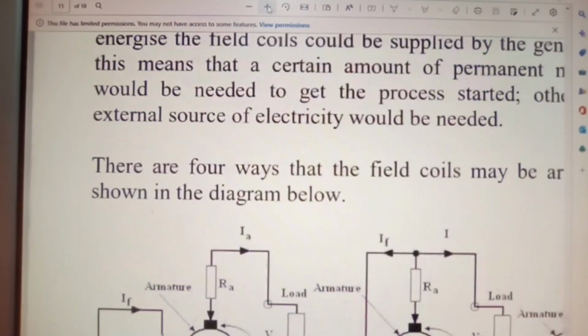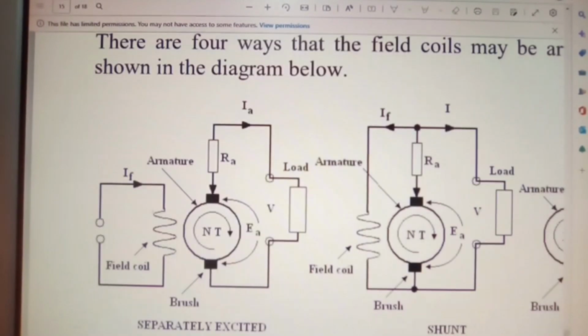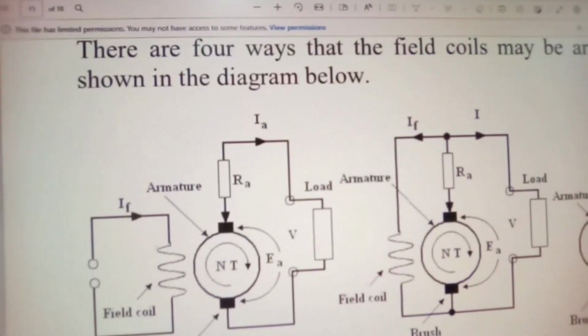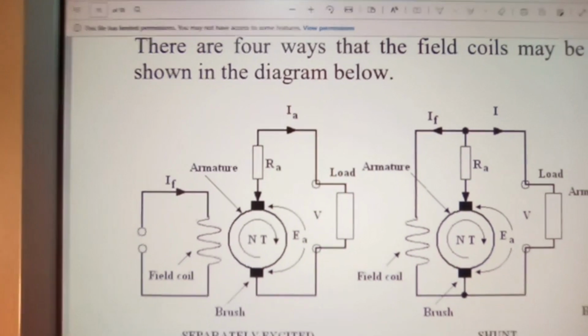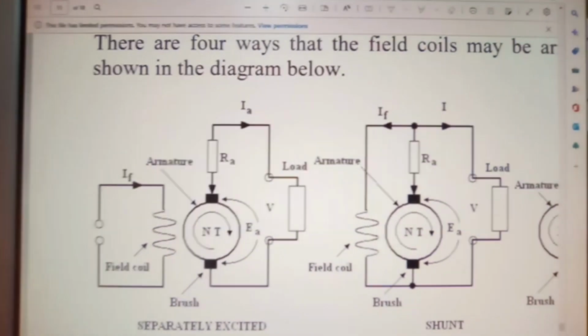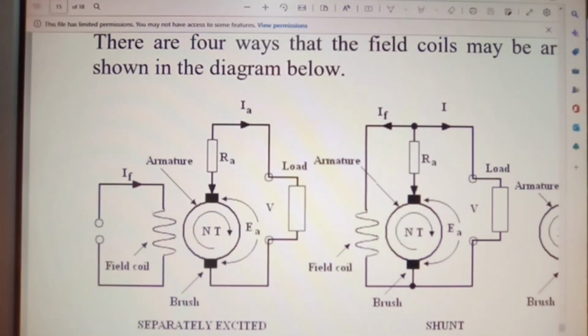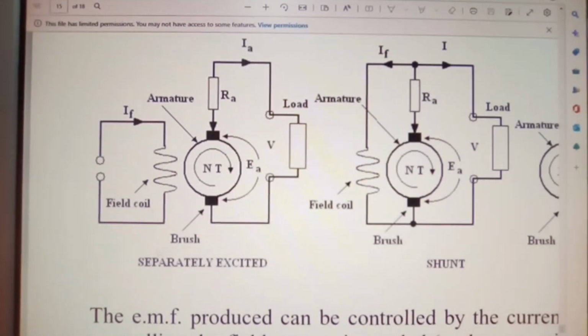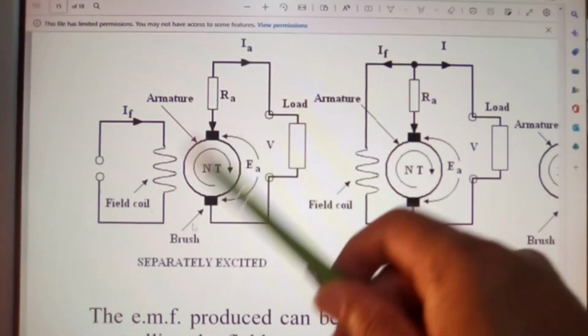Let me bring it up a bit bigger so we can see it. And here you have your types, and here you have separately excited.